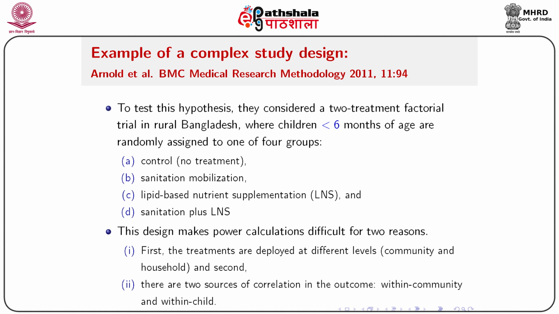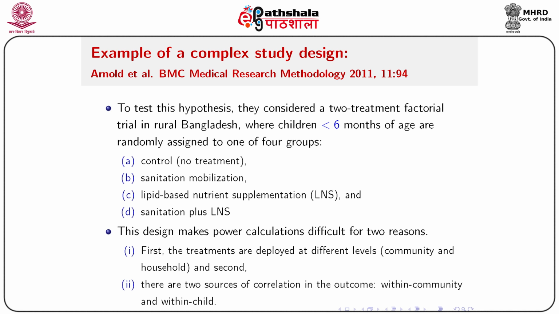To test this hypothesis, they considered a two-treatment factorial trial in rural Bangladesh, where children less than 6 months of age are randomly assigned to one of 4 groups: the control, with no treatment, the sanitation mobilization, lipid-based nutrient supplementation, and sanitation plus lipid-based nutrient supplementation, LNS.